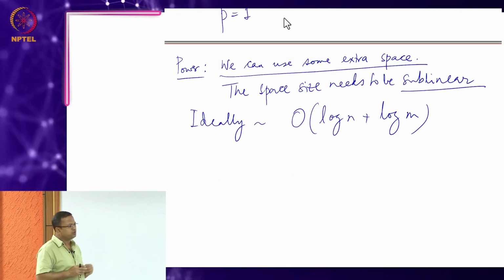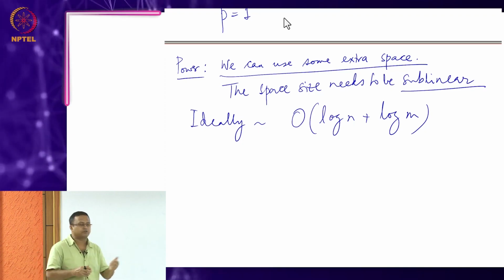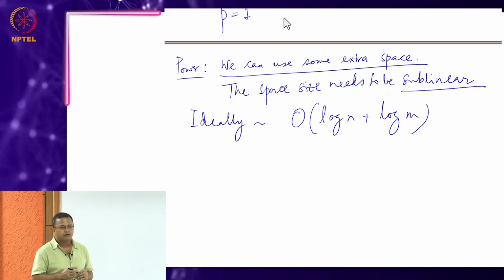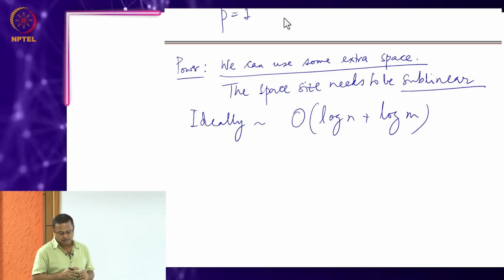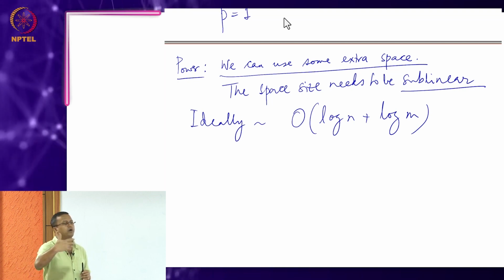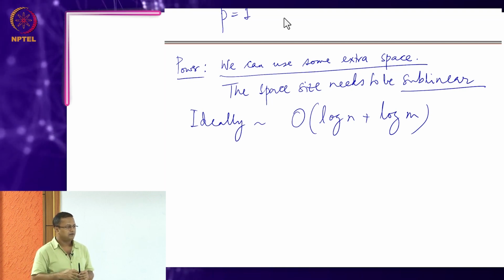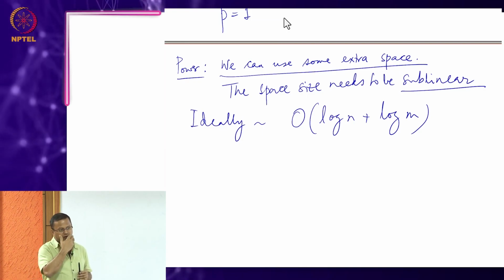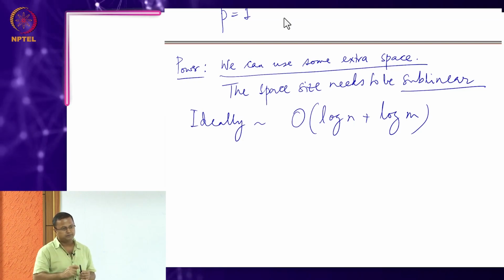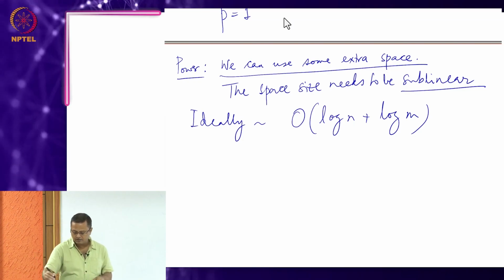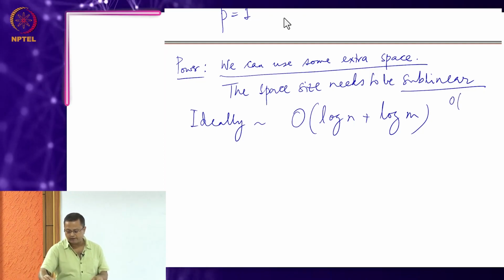But as one would show you, that is not always possible. Again impossibility results would come, and then people settle for square root n, but again the main goal is to remain strictly sublinear, that means small o of n.